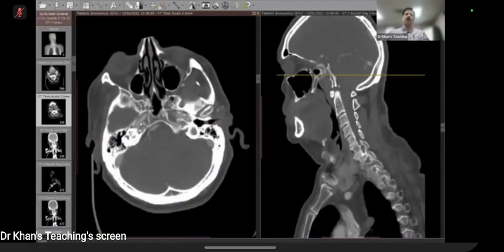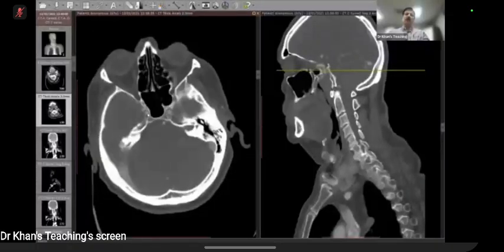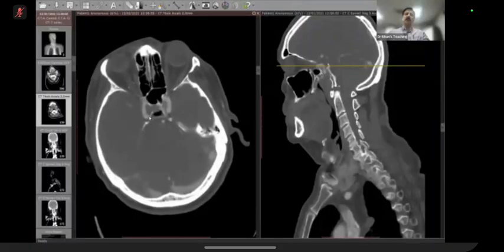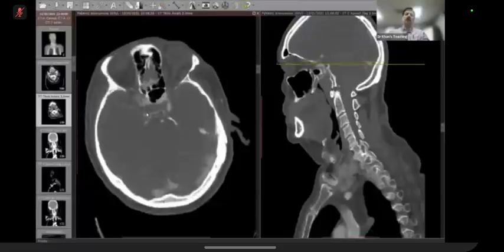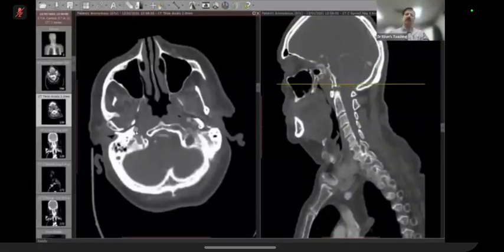It is passing through the petrous part, superior to the level of the foramen lacerum. And here, it is going into the cavernous sinus. And of course, then there is the supraclinoid portion. That's not part of our mandate today. We are just interested in the carotid canal.